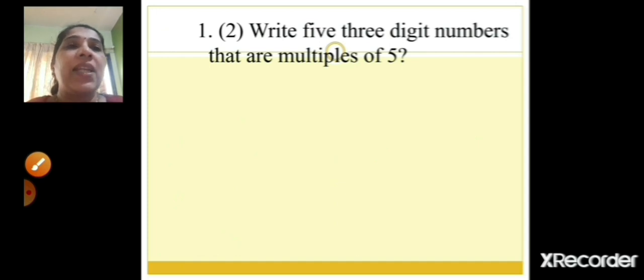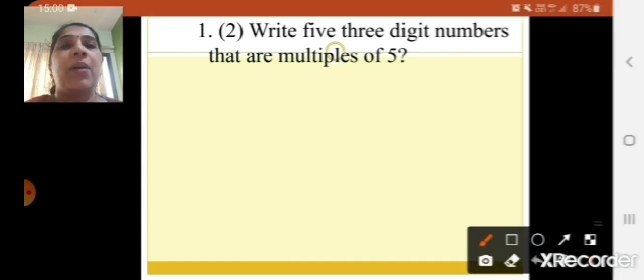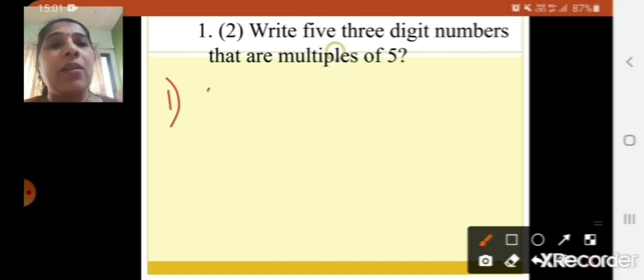Write 5 3-digit numbers that are multiples of 5. Now again you have to write 3-digit numbers. Like this you have to make 5 numbers that are multiples of 5. So what did I tell you? Multiples of 5 means in the units place it should be either 0 or 5. So we'll take 200, okay?